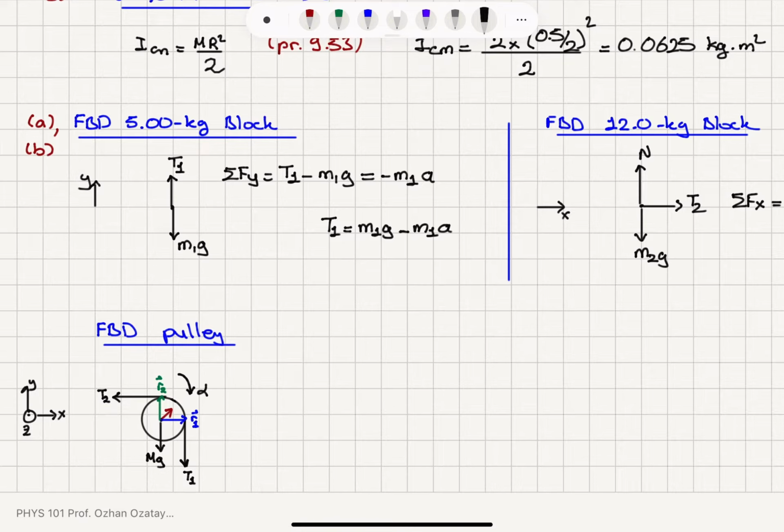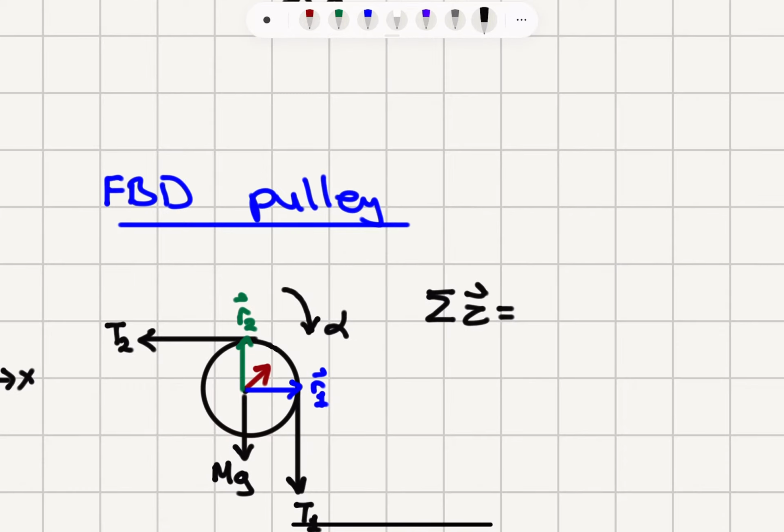you can see that the net torque acting on this pulley, the torque is R cross F. So if the pivot is at the center, we have R2 vector, the position vector of the application point, cross with T2 gives us a torque in plus k hat direction using the right hand rule.